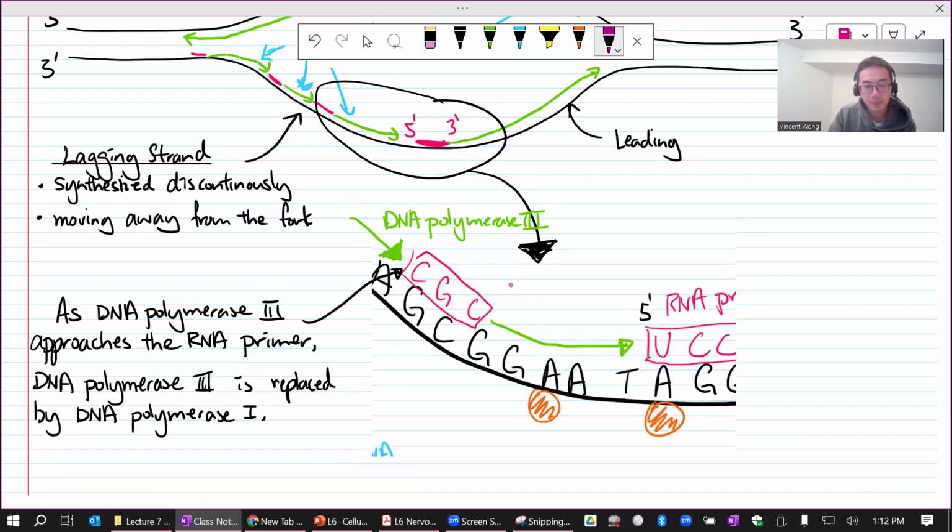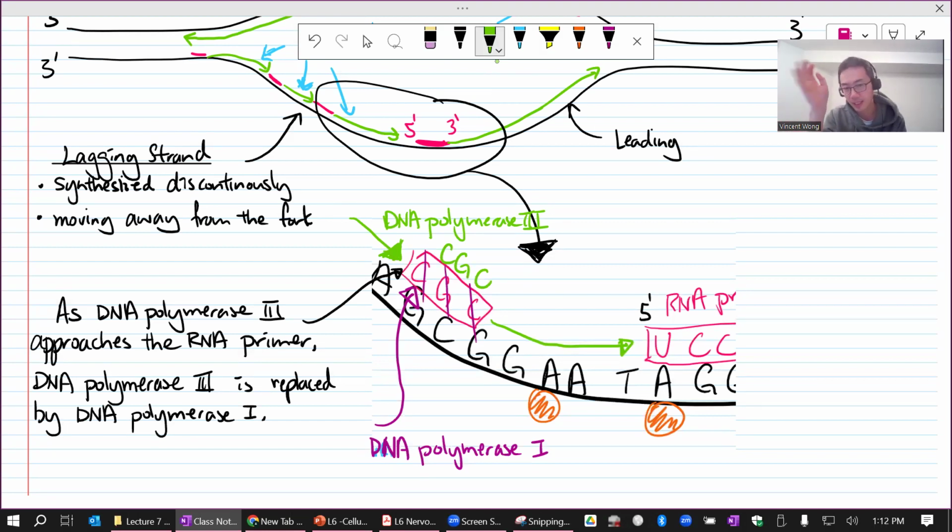So basically, DNA polymerase 1 will hop on, and it will take away the primer and replace it with DNA nucleotides. Now, just listen to me for a second. It looks like it is not necessary, right?